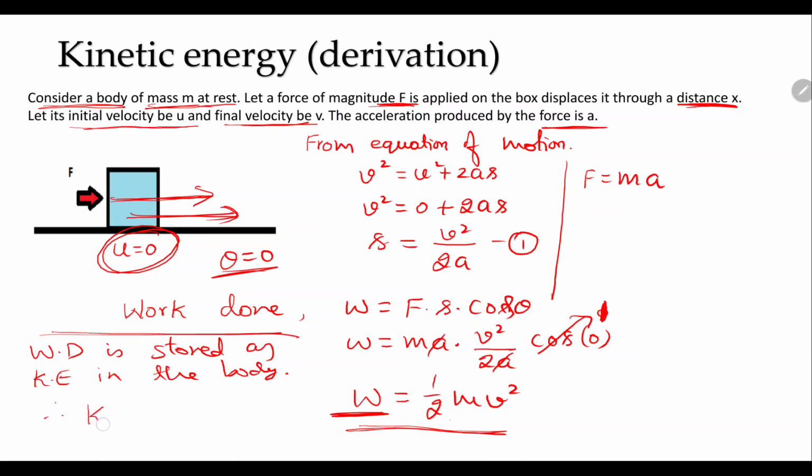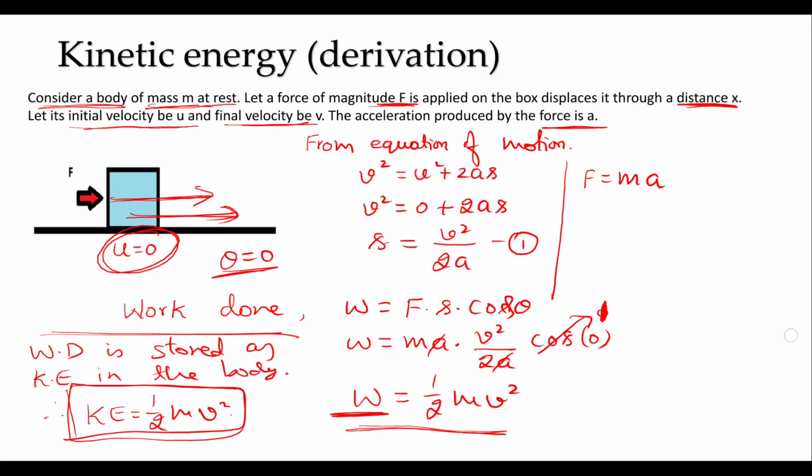Therefore kinetic energy is equal to half mv square. Next we'll move on to the new concept. This is a very easy derivation.